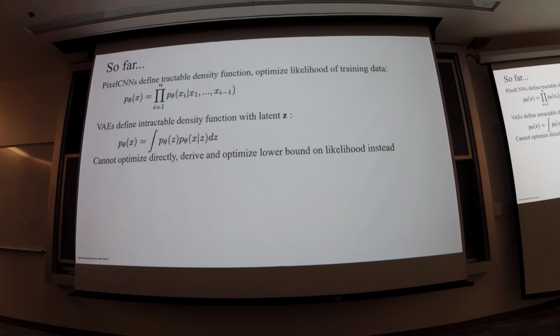VAEs can define intractable density functions like this integral, which we cannot optimize directly. We have to optimize a lower bound. We derived the lower bound last time. We can only maximize the lower bound of this probability distribution, but not directly treat and define the probability distribution.